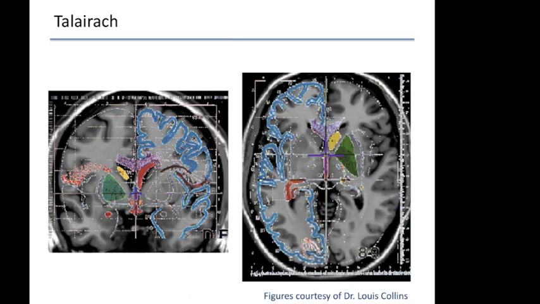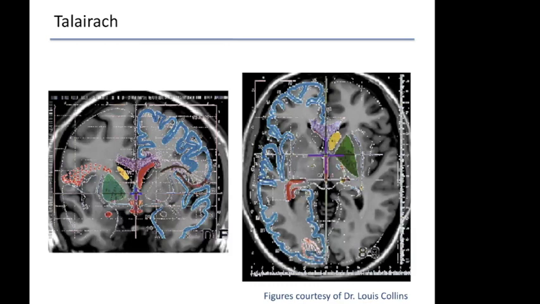You might often hear Talairach space, common space, and MNI space used interchangeably, and that's because of this historical perspective. The Talairach Atlas was the representation of a middle-aged, about 60-something-year-old French female who passed away and donated her brain to science.